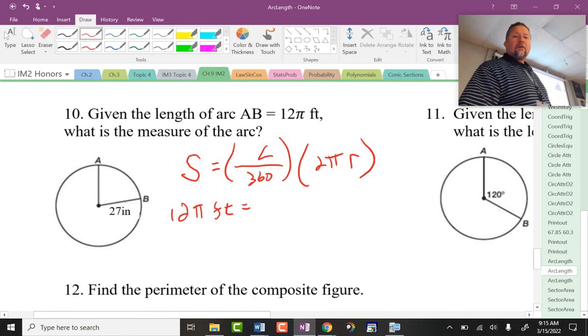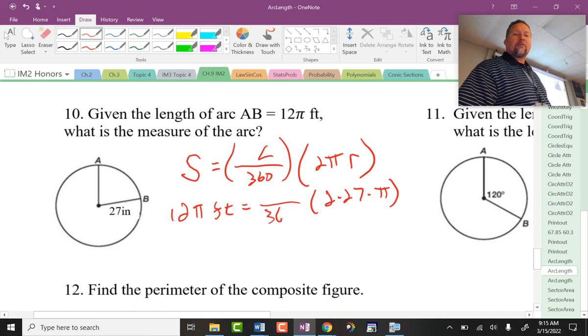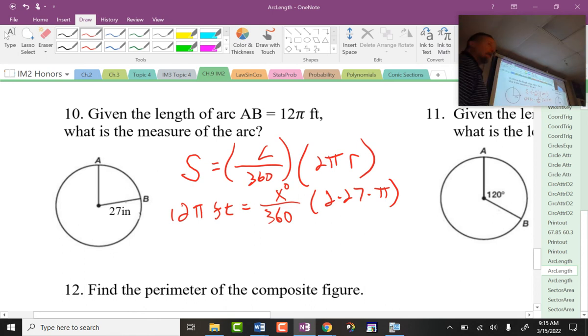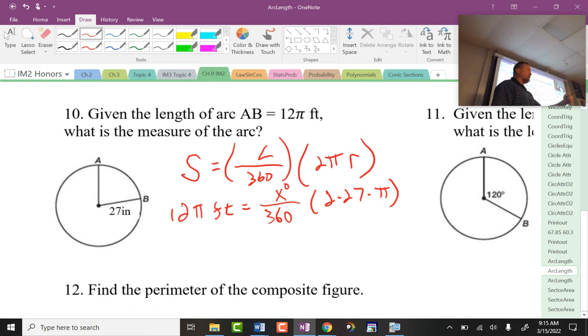And then what is the measure? I have the radius, so that's 2 times 27, then pi. I'm looking for the arc measure, which is x degrees. That's where the unknown is located. What is the measure of the arc, which is in degrees?